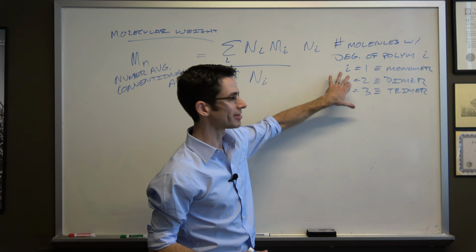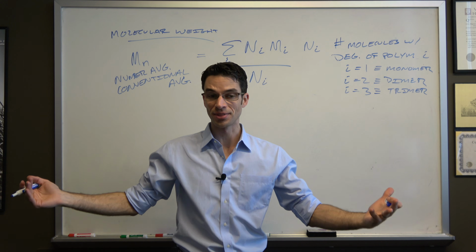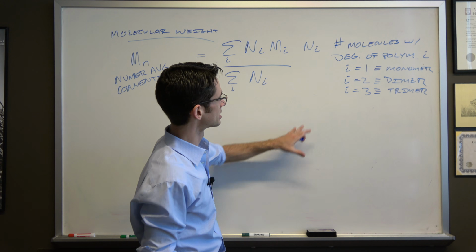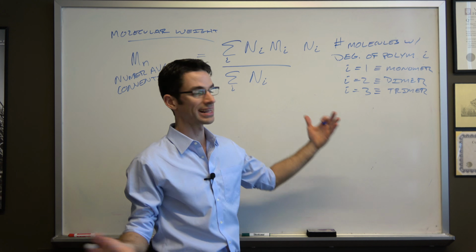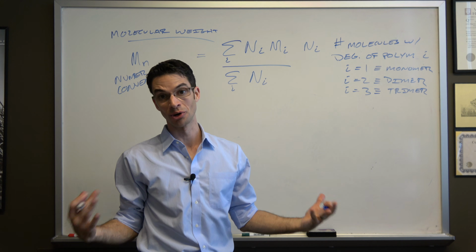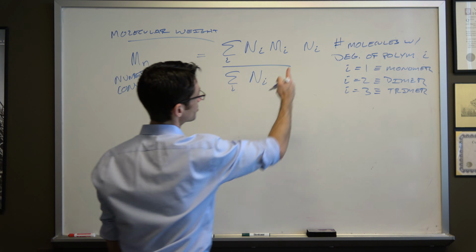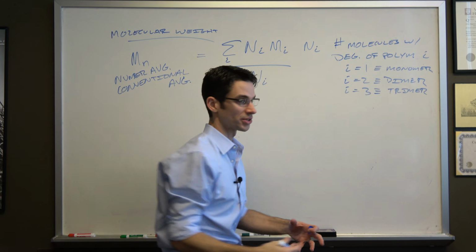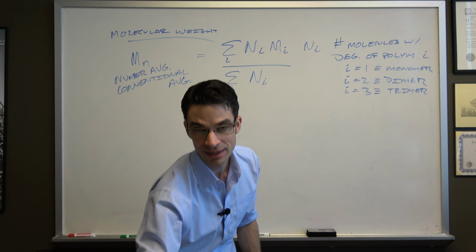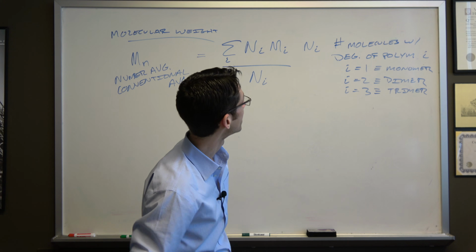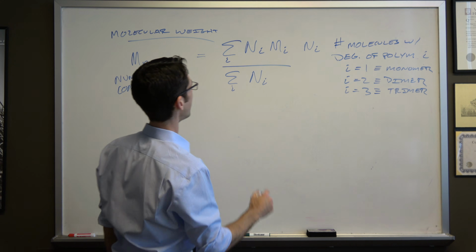And you can imagine having i equals a lot of different things, right? So it could be i equals 10,000, and then it would be a 10,000-mer. So n sub i is the number of molecules in your sample or in your object that have a degree of polymerization i.